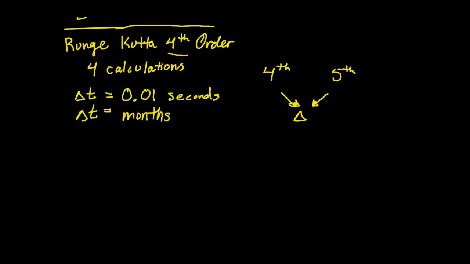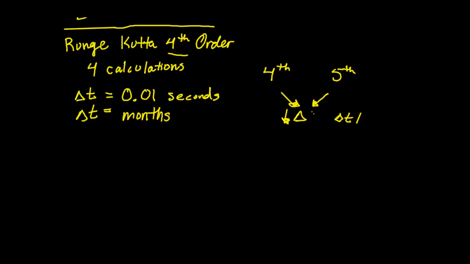Is the difference small? If the difference is small, it means that the fourth order is getting the answer right just as well as the fifth order, which is more accurate. So if this difference is small, then that means, hey, we can take a bigger step size with the fourth order integrator. Awesome. So if this is small, then this turns into a larger step size.